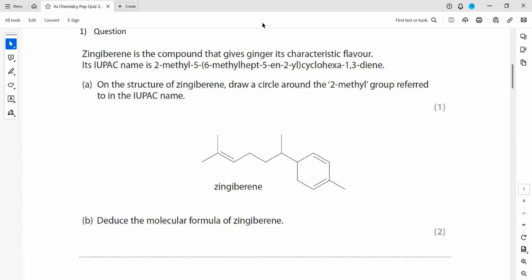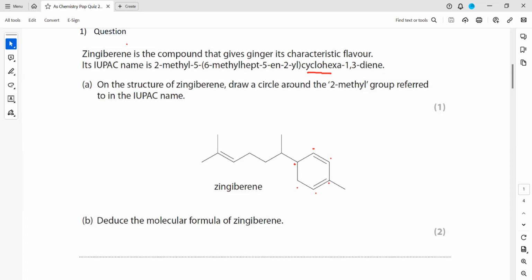So on this structure, we have to circle which one refers to 2-methyl. If you see, we have a cyclohexa-1,3-diene. So this is cyclohexa-1,3-diene because there are 1, 2, 3, 4, 5, and 6 carbon atoms.